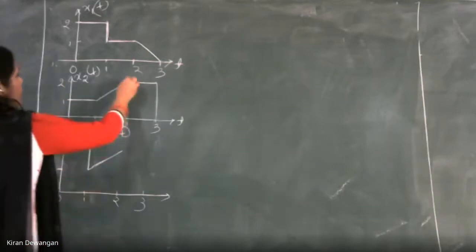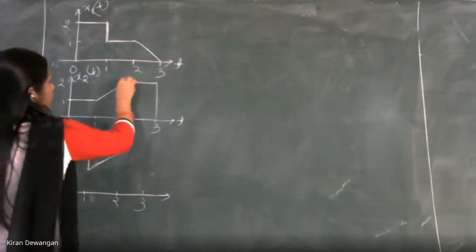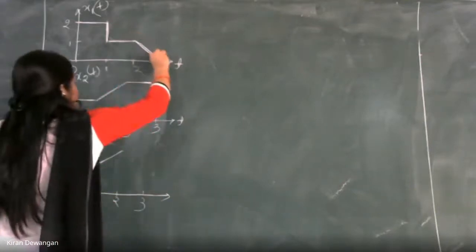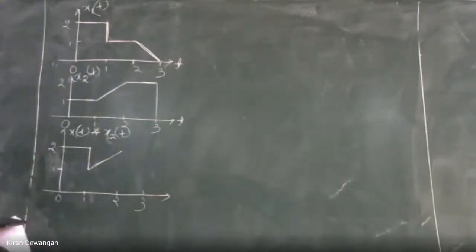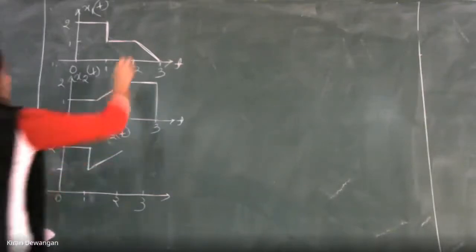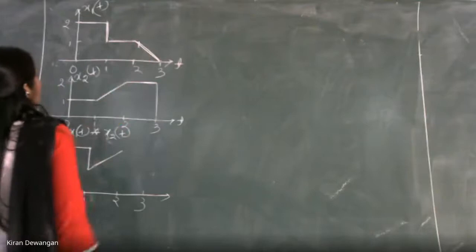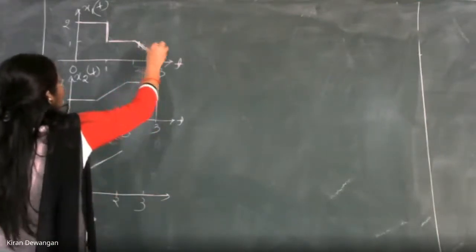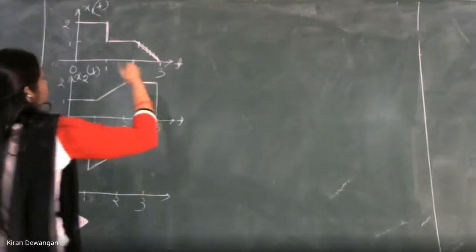Now what is happening between 2 to 3? This value is 2 and this is the reducing value. मतलब the value is reducing. ठीक है, so at this point it is 0.8, 0.6, 0.5, 0.4, 0.3, 0.2 like this.